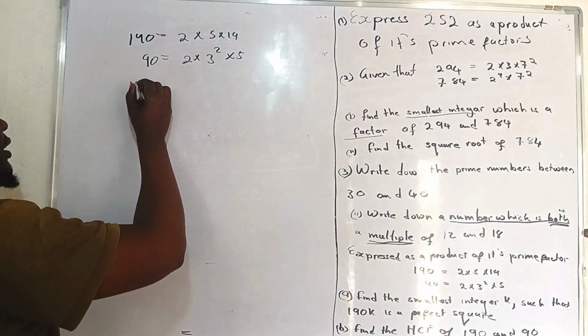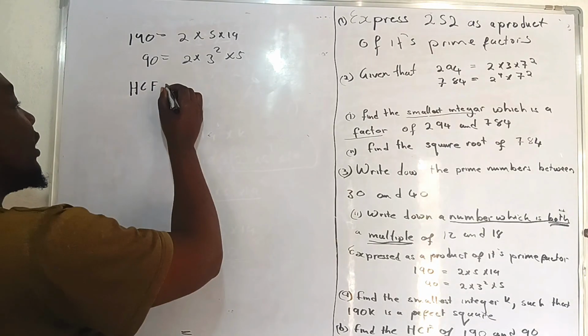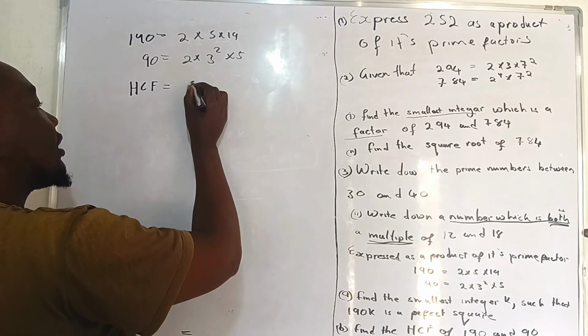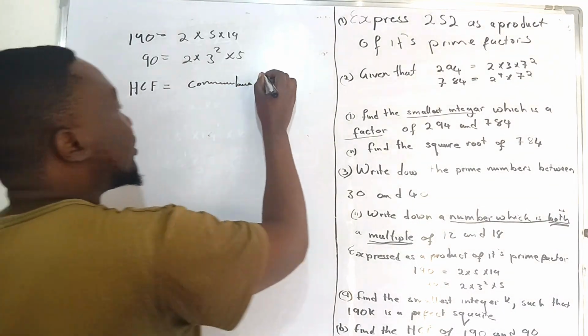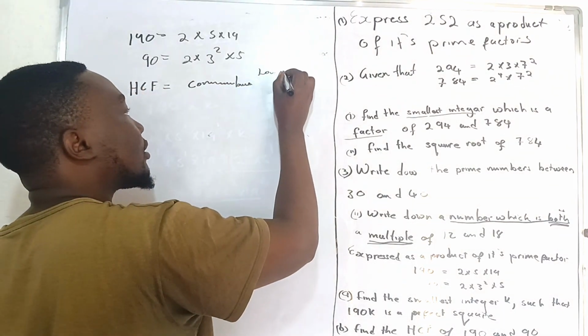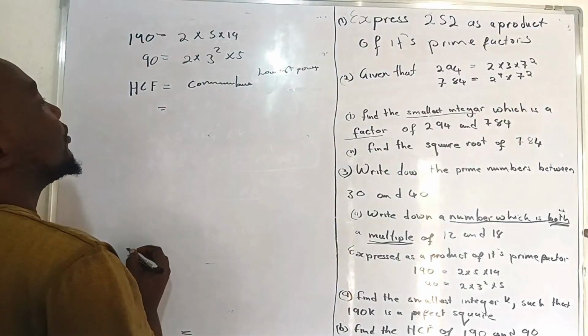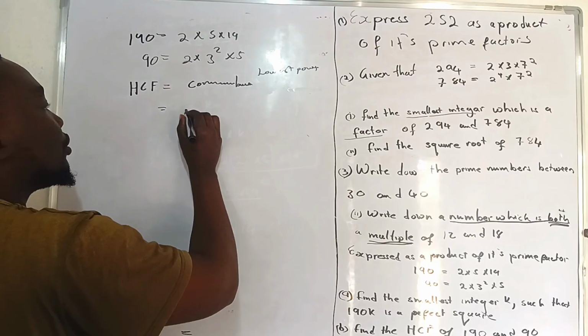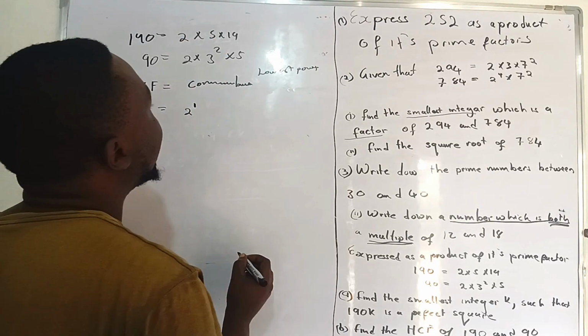You're asked to find the highest common factor. In order to find the highest common factor, we take the common base and we take the lowest power. So we take the common base 2. All of the 2s have power 1, the lowest power.